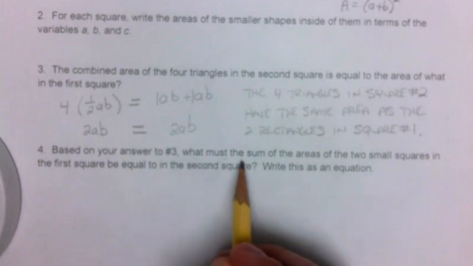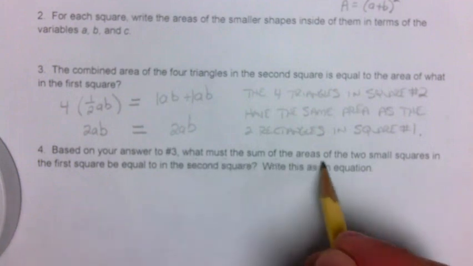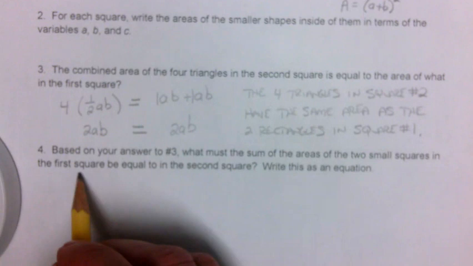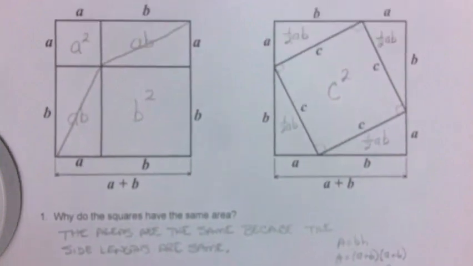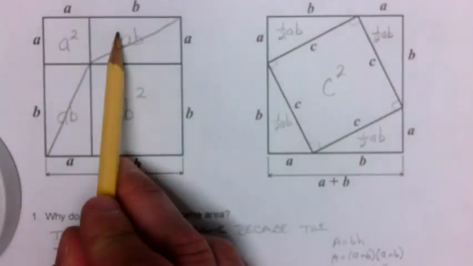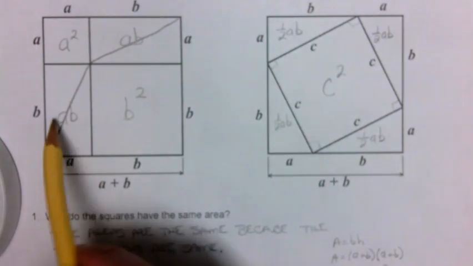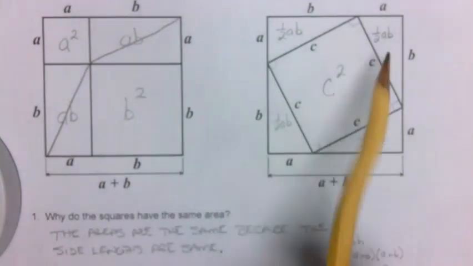And the last thing that I want to do here, it says, based on your answer from number 3, what must the sum of the areas of the 2 small squares in the first square be equal to in the second square? If I look back here, I already knew that these 2 rectangles had the same area as the 4 triangles in this square.